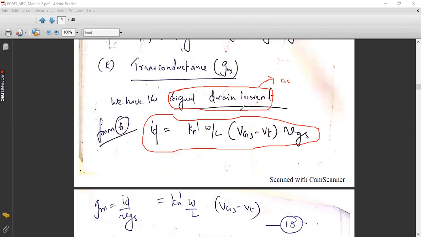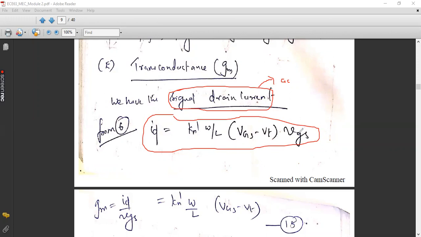The third term we have already discarded, that is with respect to your distortion, by ensuring your input vgs is less than 2 times VOV. After discarding the third term, you have a second term which corresponds to your AC term. That is Kn dash W by L into VGS minus VT into small letter vgs.